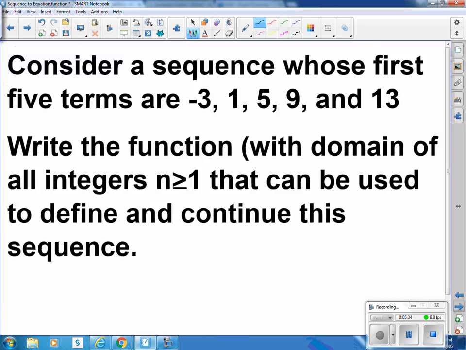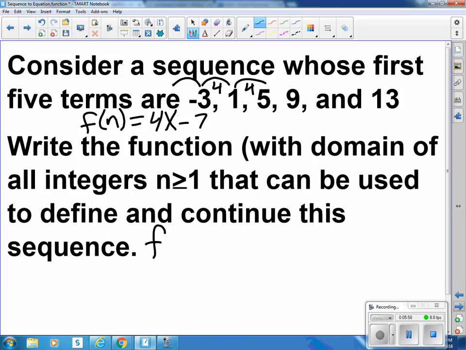Okay, the first term is negative 3, the next one is 1. That's an increase of 4. Is that the same increase there? Yes. So increasing by 4 each time, so we know that a function would be 4 larger each time, starting at 4 down from that one, which would be negative 7.